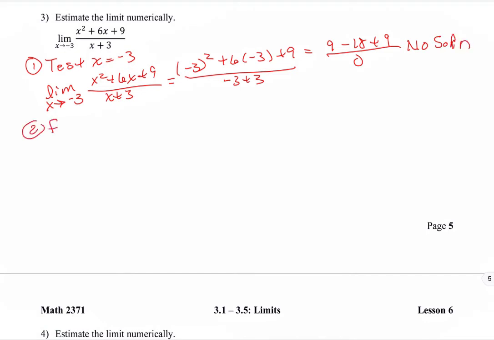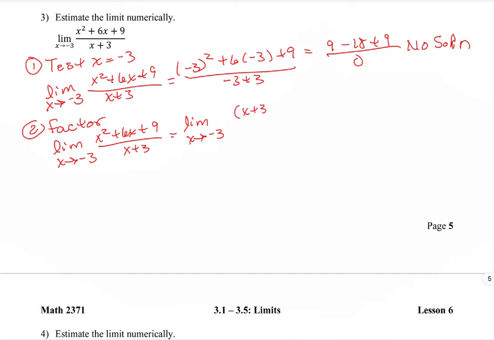So second, let's factor. We have the limit as x goes to negative 3 of x squared plus 6x plus 9 over x plus 3. So that equals the limit as x goes to negative 3 of x plus 3 times x plus 3 over x plus 3.